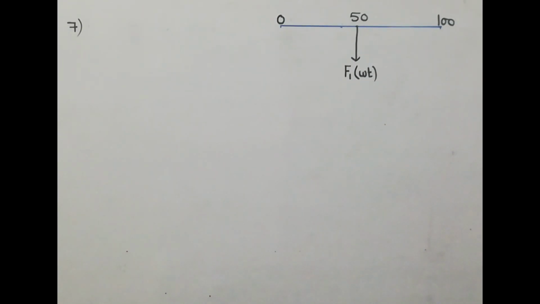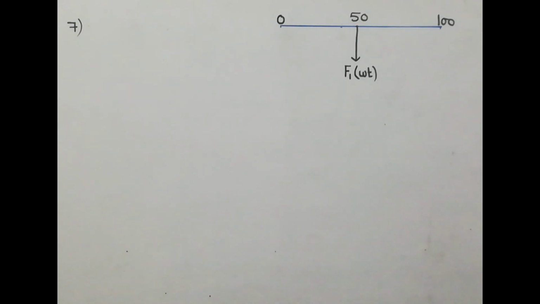Now this was a meter rule, and as the question says, this meter rule balances horizontally on a knife edge placed at the 58 centimeter mark. That means this meter rule was not balanced at its midpoint.